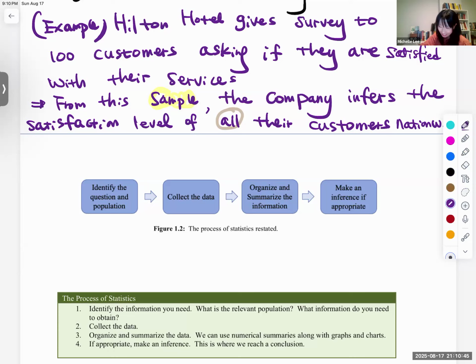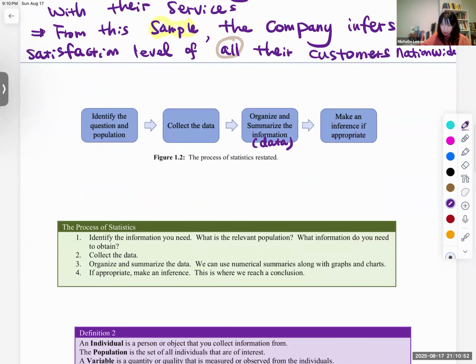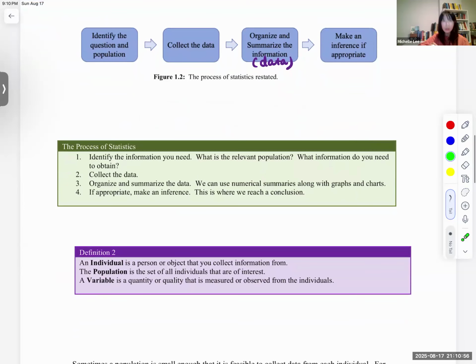Let's do this one later. Before we do that, we want to learn the terminology.